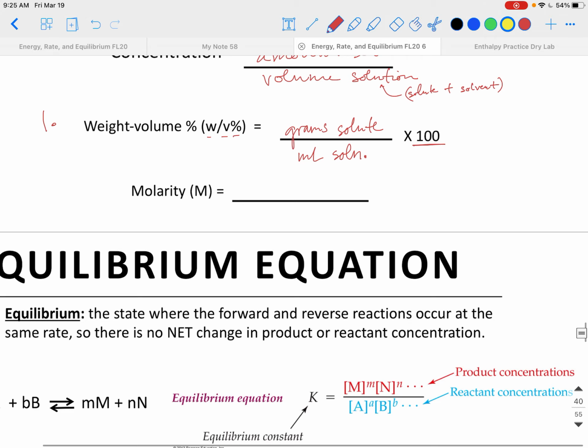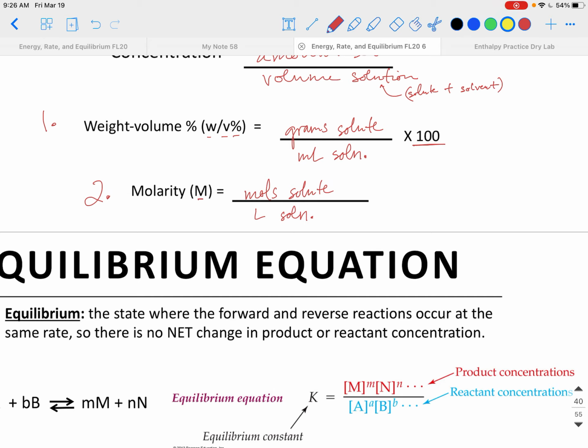Okay, you can also measure concentration in units of molarity. We abbreviate molarity with a capital M, and that is going to be moles of solute per liter of solution. All right, so we just have different units here. We don't multiply this one by 100, but moles of solute per liter of solution.